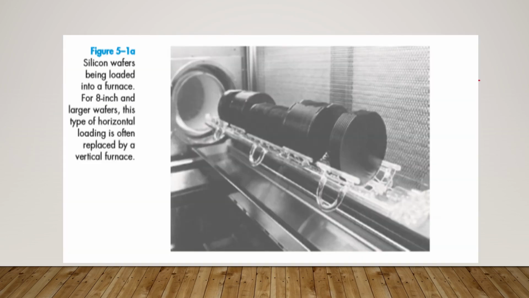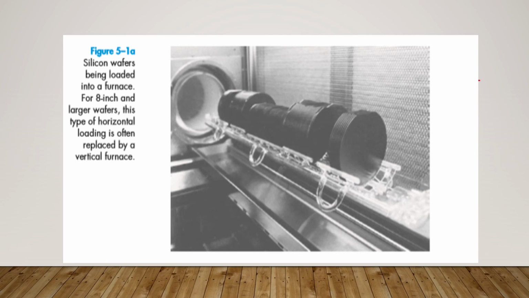This is the horizontal furnace which we have discussed yesterday. In this horizontal furnace, wafers are placed in a tube during diffusion and impurity atoms are introduced into the gas which flows through the silica tube. Common impurity source materials for diffusion in silicon are boron oxide, boron bromide, boron chloride for boron, and phosphorus sources such as phosphorus hydride, phosphorus oxide, phosphorus oxychloride.